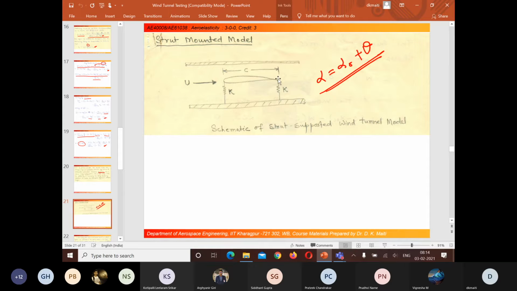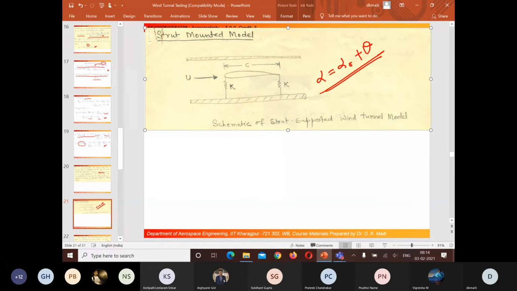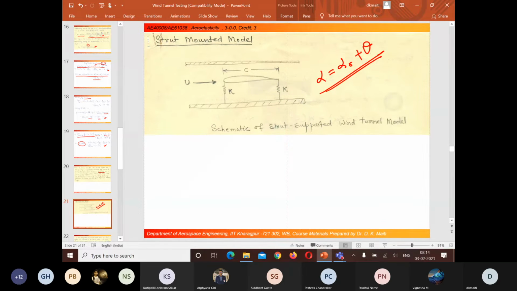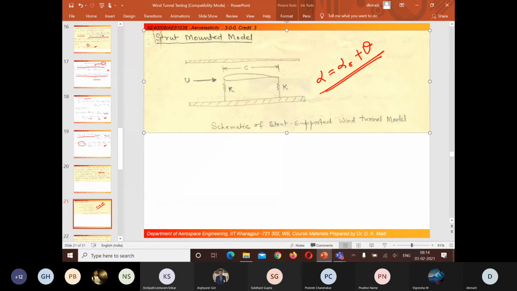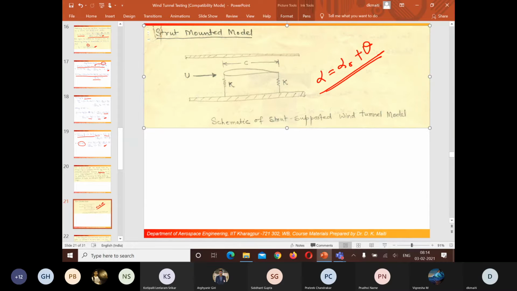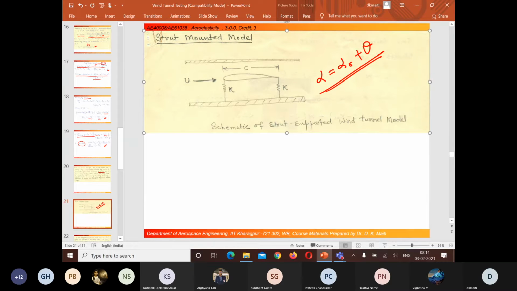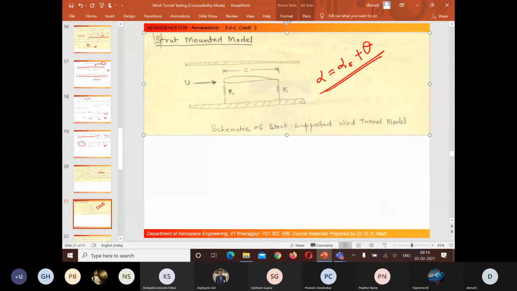It is connected from the upper part of the wind tunnel wall to the internal model. In that case, it is connected to the upper part of the aerofoil also.